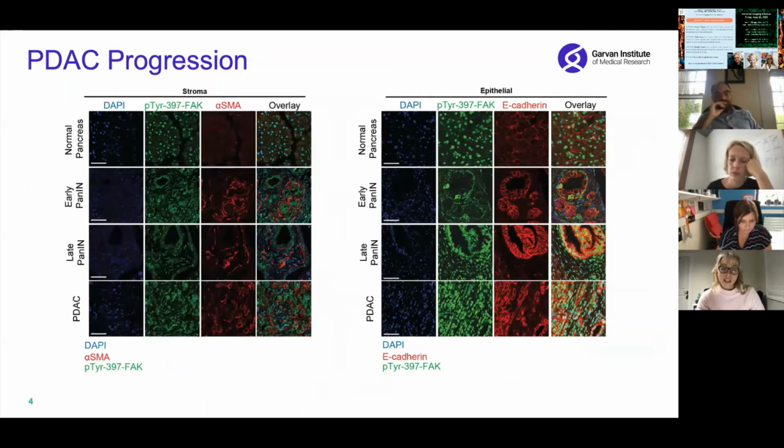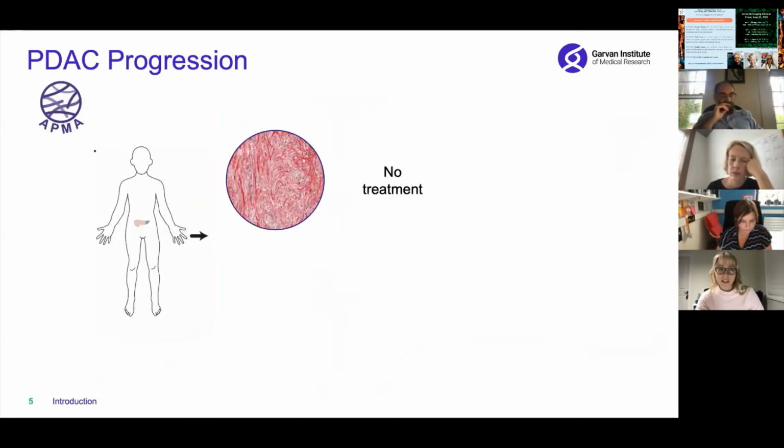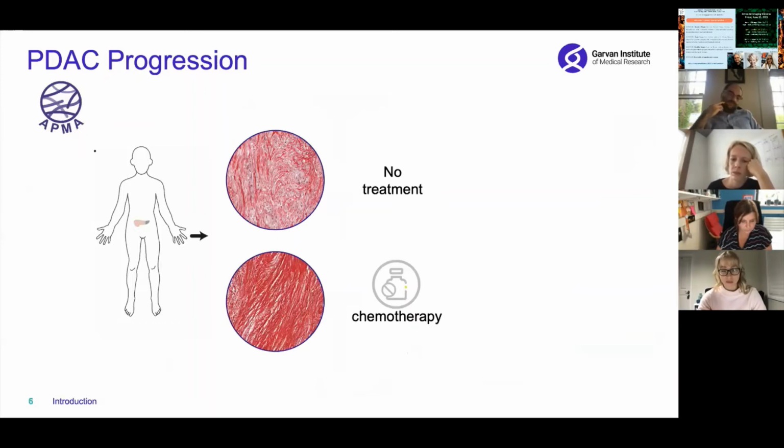What was really interesting is that if we take patient samples from people who have received no treatment prior to surgery from the ATMA cohort and compare them to samples taken from patients that received chemotherapy prior to surgery, we can see this marked increase in the fibrotic reaction. And this keeps continuously circling in a feedback loop, continually trying to hamper therapeutic intervention and also further driving disease progression.